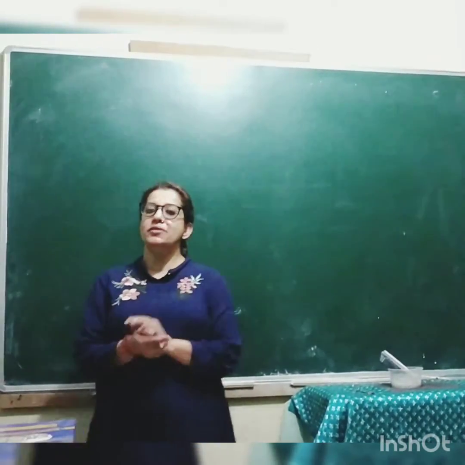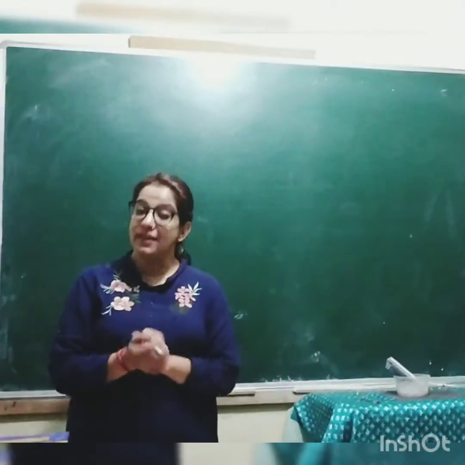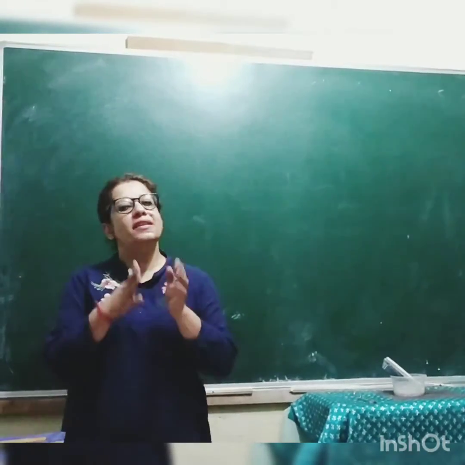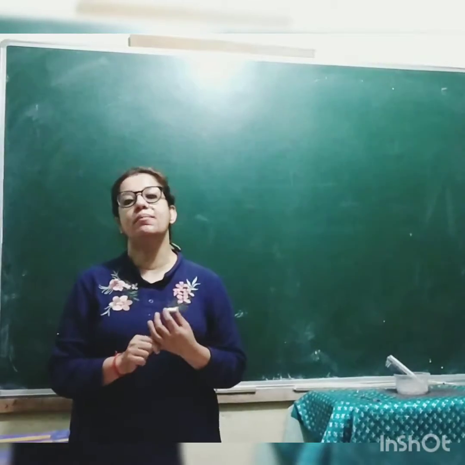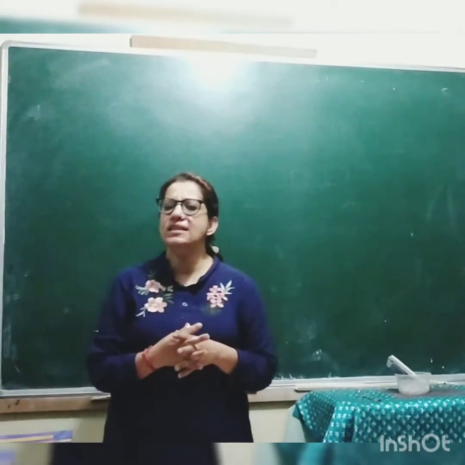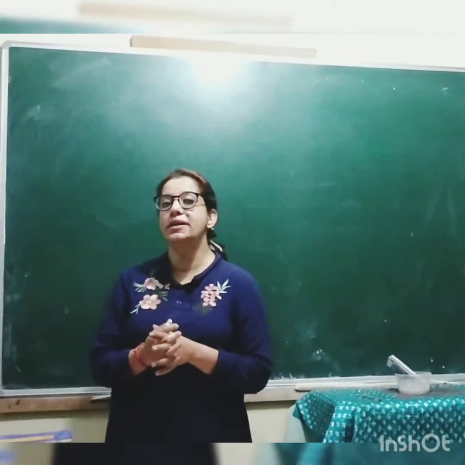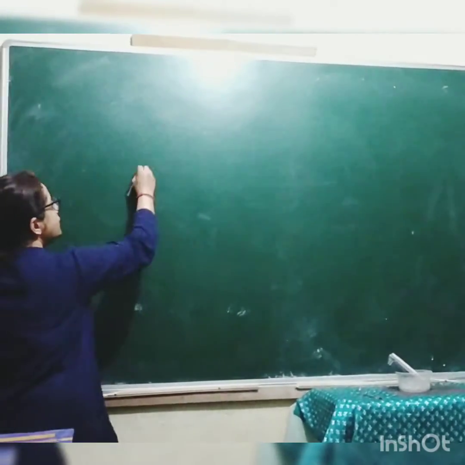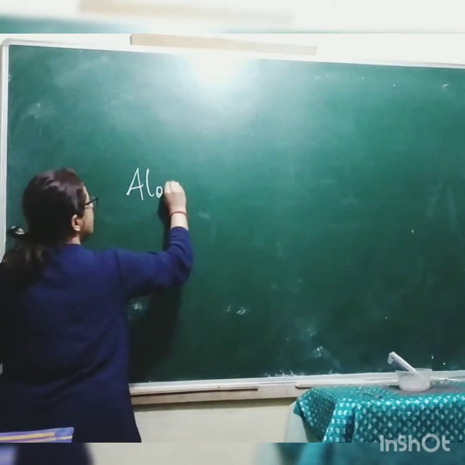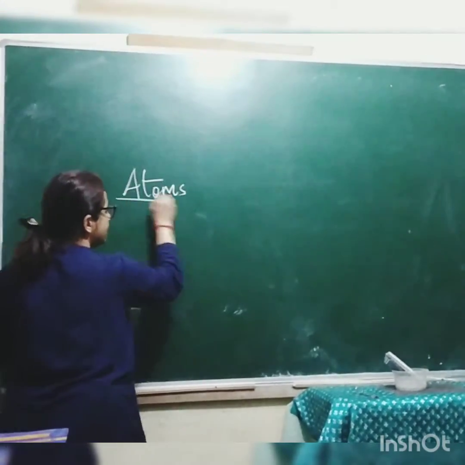Hello everyone. So in the last class we discussed what is an element, what is a compound, the different characteristics of an element and the different characteristics of a compound. So what are these elements and compounds made up of? Elements and compounds are made up of tiny particles known as atoms.